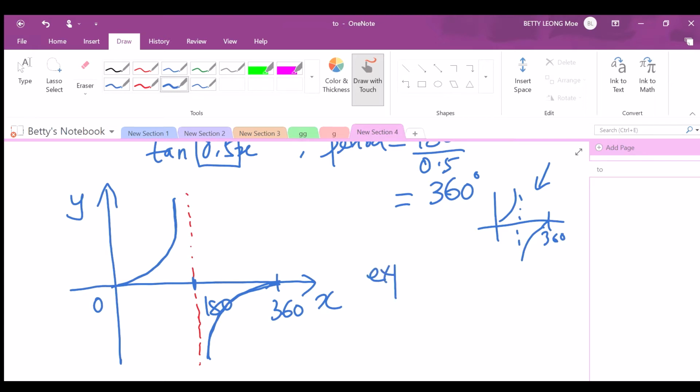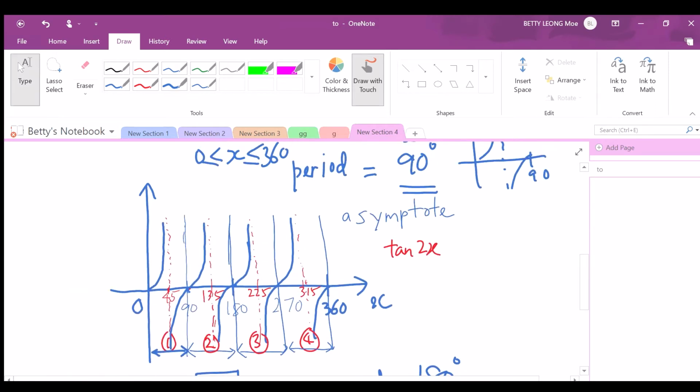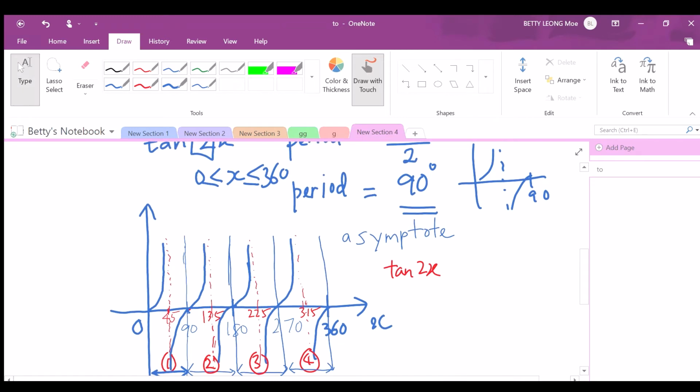When your b is less than 1, you have a bigger cycle. When your b is more than 1, your graph will be compressed. The cycle becomes smaller. I hope you can understand your tangent graph now.